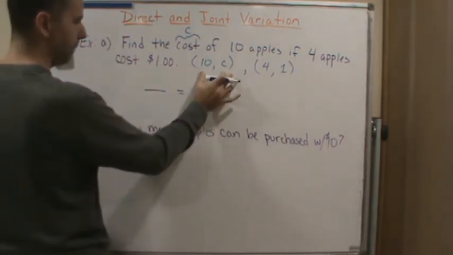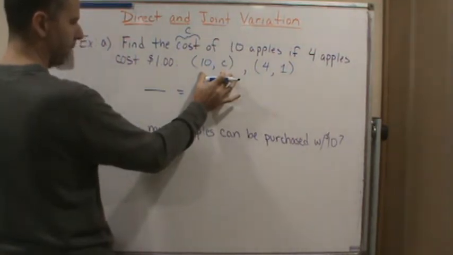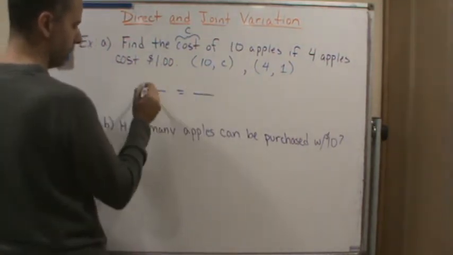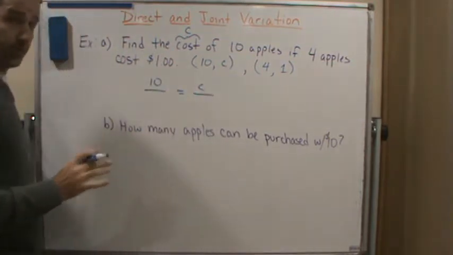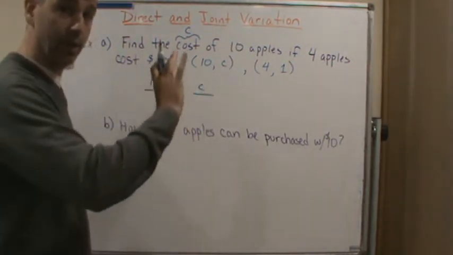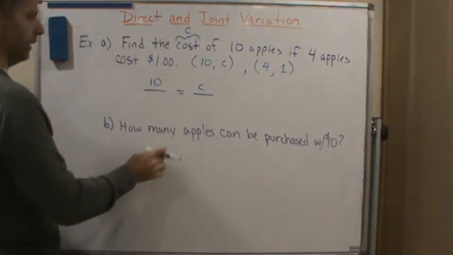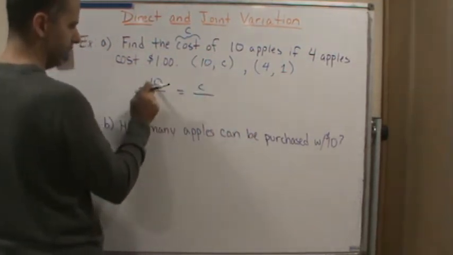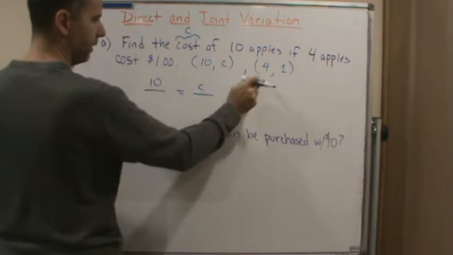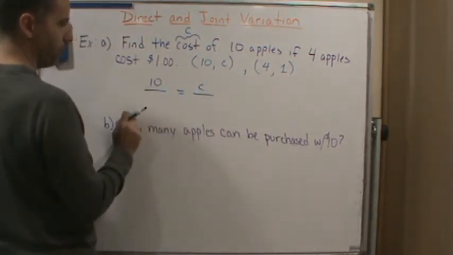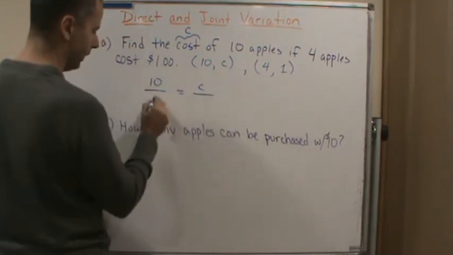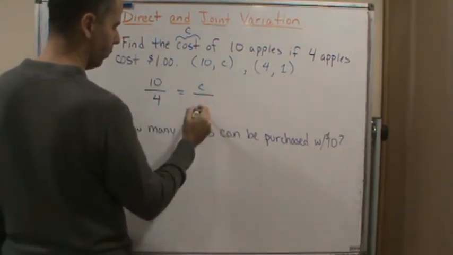I'm going to take one pair and fill in the numerators, so 10 and C. Always fill it in the same way: if I'm putting this here and this here, then this needs to go over here, not here. So I'm going to put the 4 here and the 1 here.